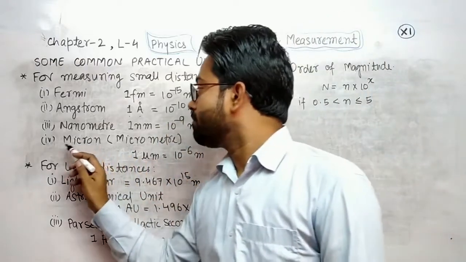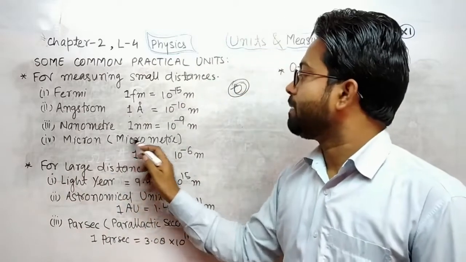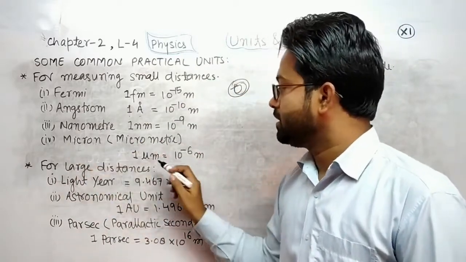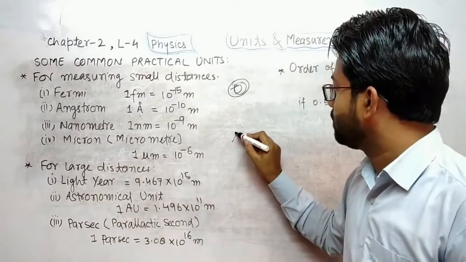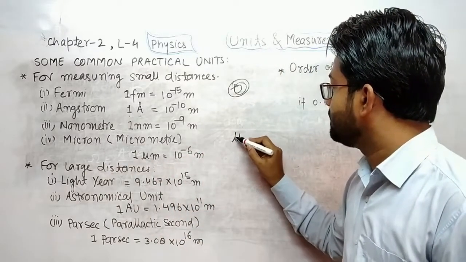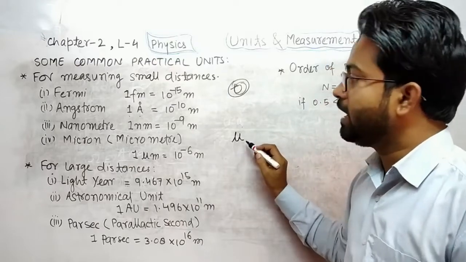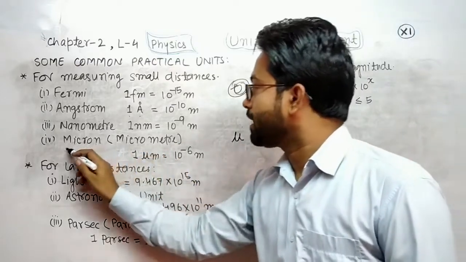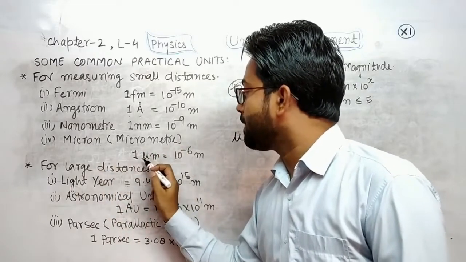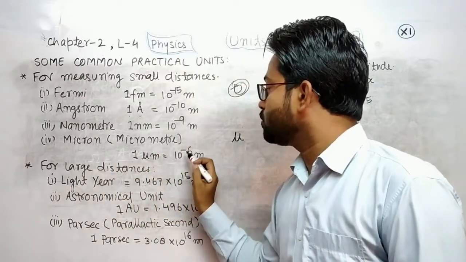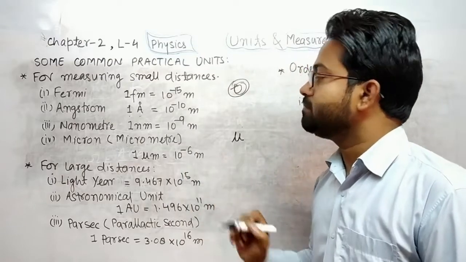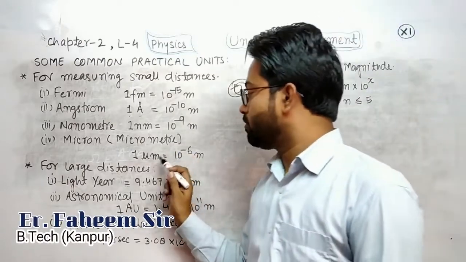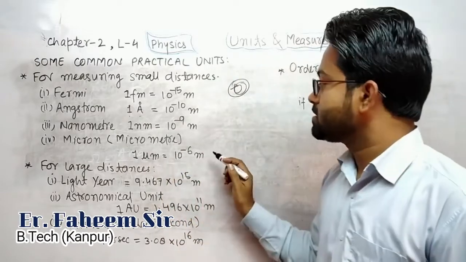Next is 1 micron or micrometer. This is the symbol micro, mu. Symbol name is mu, and the quantity you can say micro. 1 micrometer is equal to 10 to the power minus 6 meter.